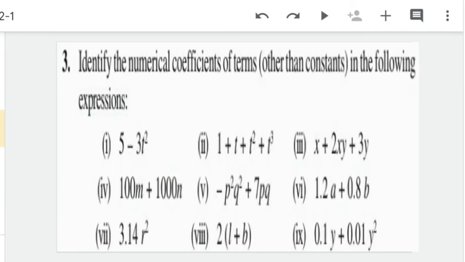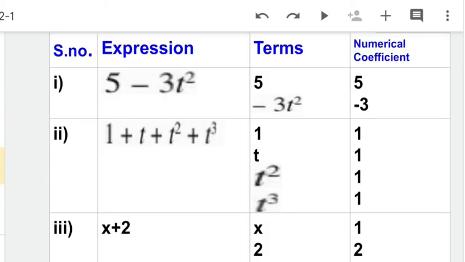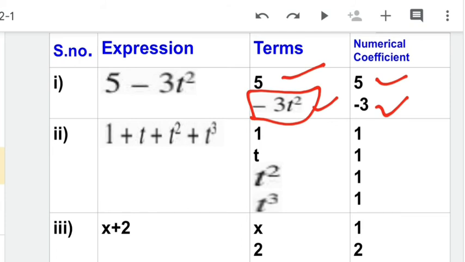The third question of the first exercise is to identify the numerical coefficient of terms other than constants. It is the same as we discussed in the first part. The first expression is 5 minus 3t square. The first term is 5 and the second term is minus 3t square. The numerical coefficient for 5 is 5 and for minus 3t square is minus 3.